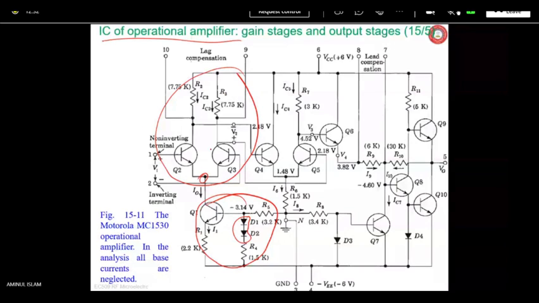Here you see that the first stage is a differential amplifier which you have discussed. The second stage is also a differential amplifier. The first stage is getting input here, node 1 and 2. One is positive or non-inverting input, and the second input, terminal 2, is inverting input, connected here at the base of Q3, and 1 is connected to Q2.